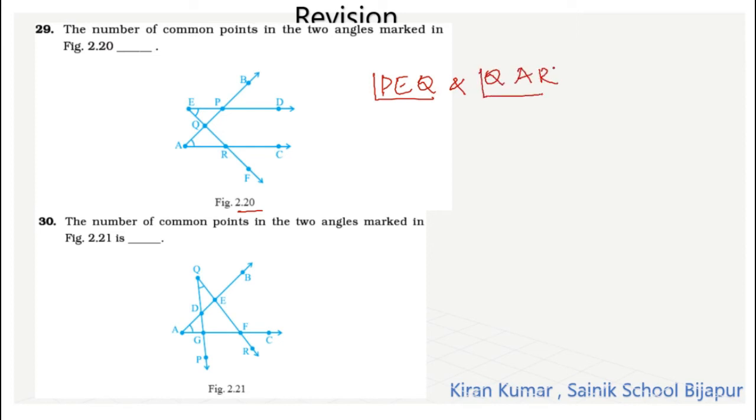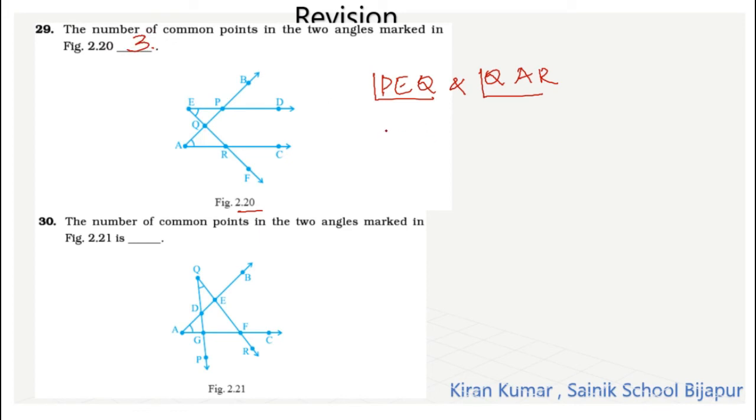If you observe very carefully, point P can be considered along with the angle PAR. So point P can be considered as a common point. Same way, point R can be considered as a common point and point Q is common. So there are 3 common.